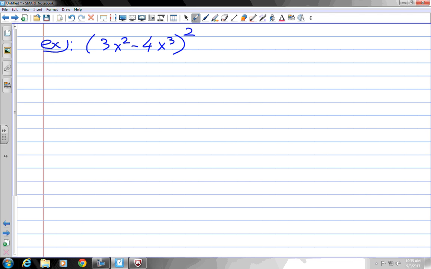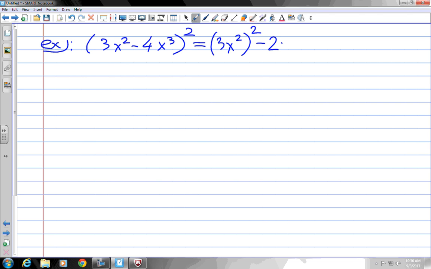We're going to review some of our order of operations here. So actually in this case, it'll be a little harder to just go in one move. Let's write it out. Because of the minus, we're going to use the square of the difference formula. We take the first term and square that. So that's 3x squared, quantity squared.